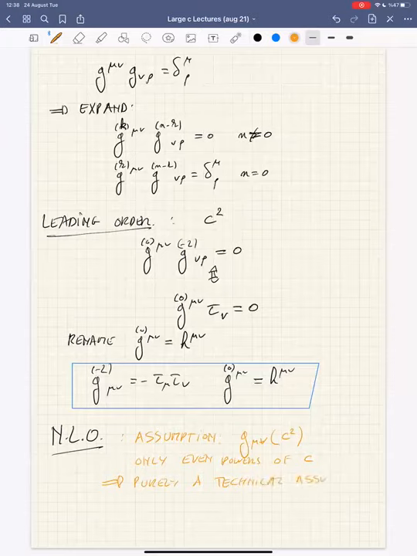You don't have to do this, and maybe at the end, I'll say a little bit about it. You can relax this assumption. This is to keep things simple, because if you don't make this assumption, things will become quite a bit more complicated.